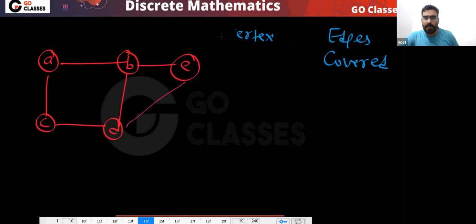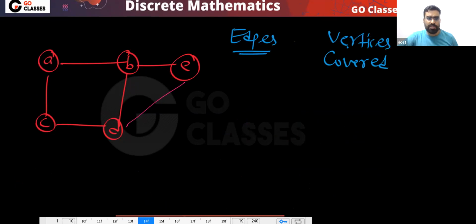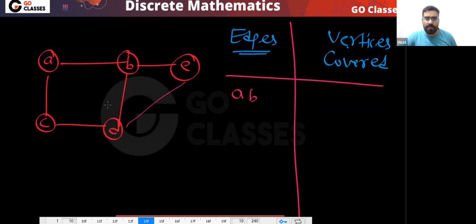Now let's see the same thing the other way. If I put a security guard on edges, which vertices are covered? For example, if I put a security guard on the AB edge, then only A comma B, these vertices will be covered.